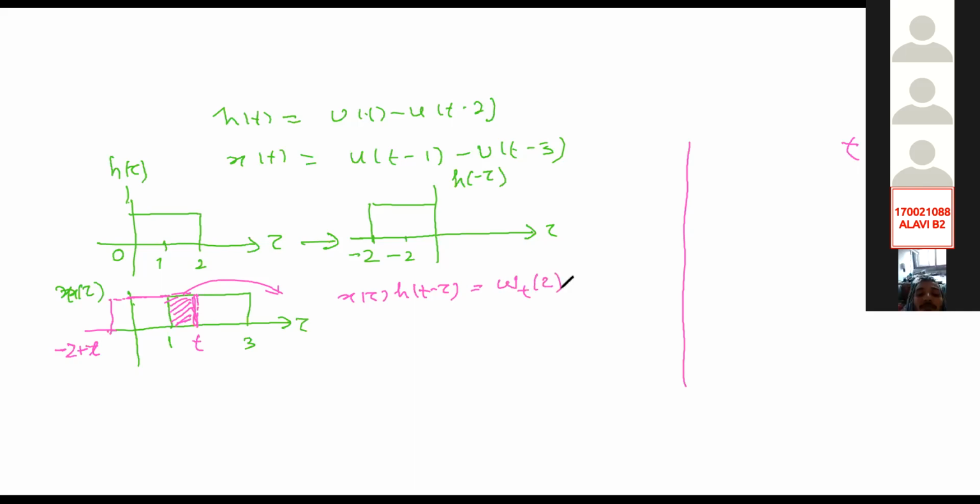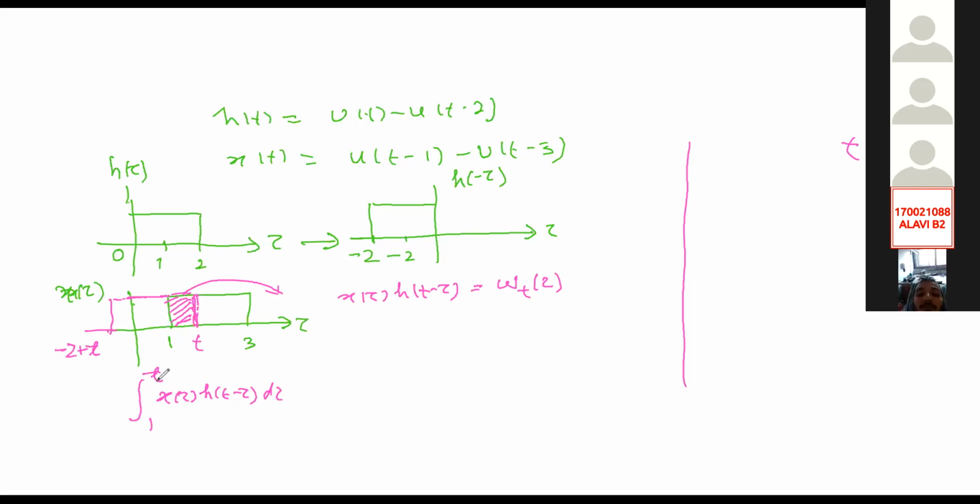Now, if we want to integrate this, we have to integrate x(tau) h(t − tau), equivalently w(t, tau). Then what will be the lower limit of your integration? 1, sir. And upper limit? t. Upper limit t, okay? Is that clear? The reason is that you have to integrate over the time where your overlap exists.